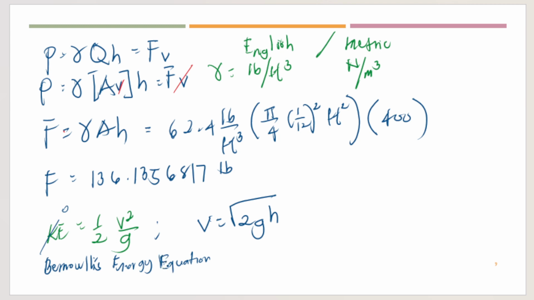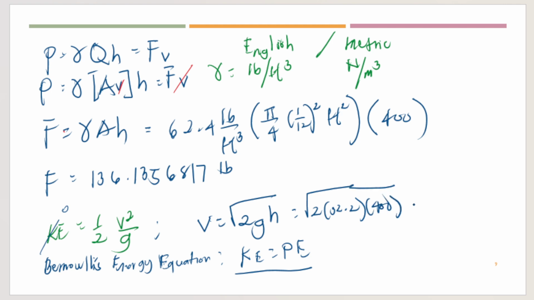Okay, ito yon. Ito yung ating equation, Bernoulli's energy equation. That is, from Bernoulli's equation, kinetic energy is equal to potential energy. Ito. Okay? So, that's Bernoulli's energy equation. So, ito yung ating velocity is equal to 2 times 32.2 times the head na 400.